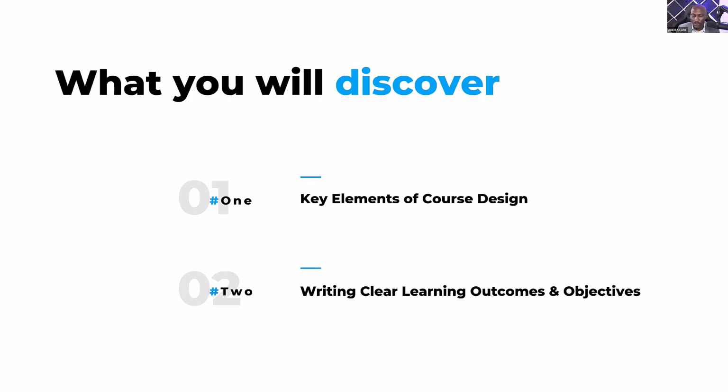And so today we're going to be talking about these key elements. We're going to be talking about the importance of writing clear learning outcomes and objectives, because of course that is very, very important. That's actually the key cornerstone of instructional design. So we're going to be talking about that.